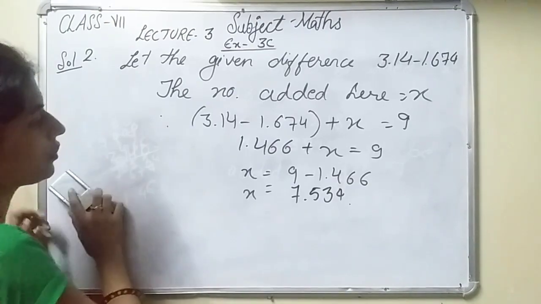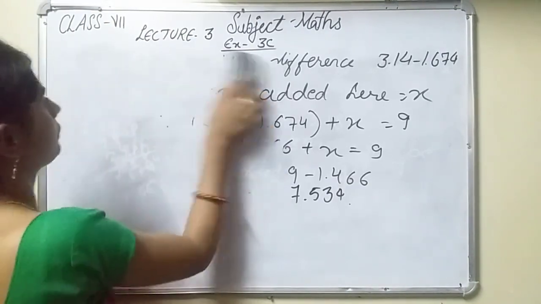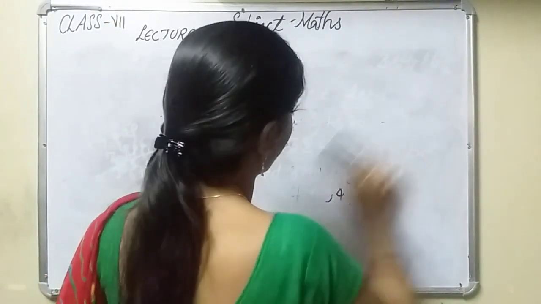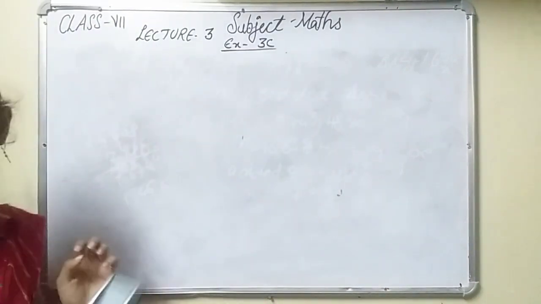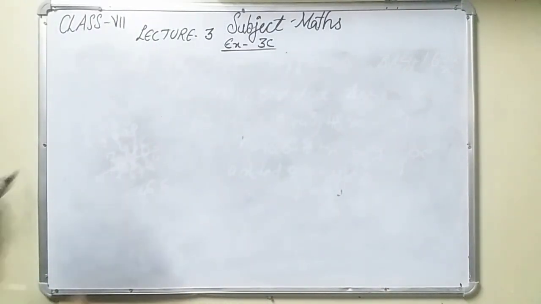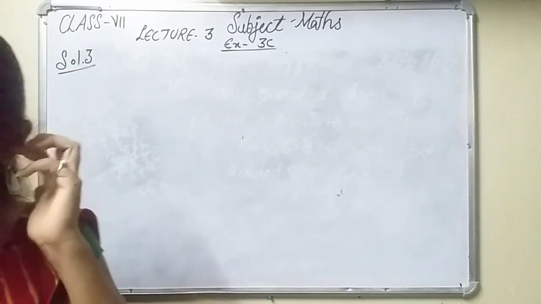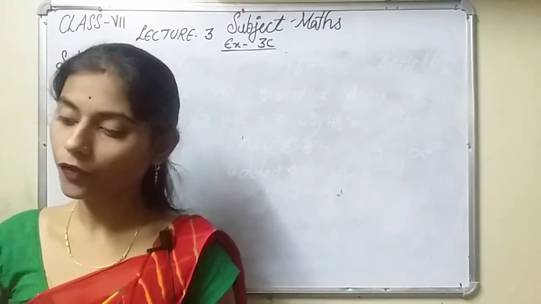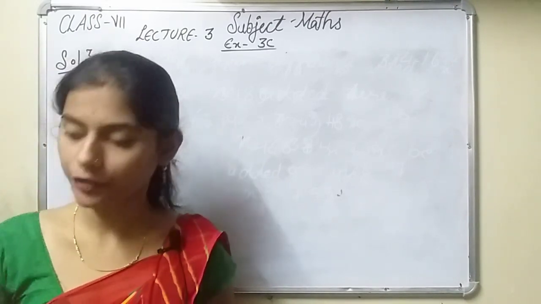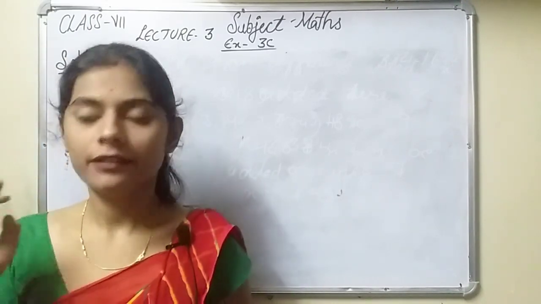Now see our next question. Solution number 3. See, by how much is the sum of 14.28 and 11.219 greater than their difference?